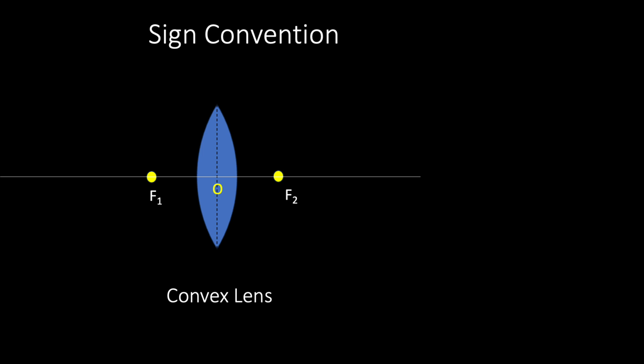Now here is the convex lens and the object is between F1 and O. Now let's see how the image is formed. Let's draw the principal rays. We will need to trace them backwards.